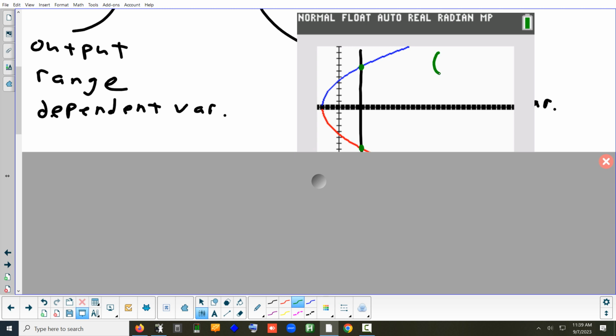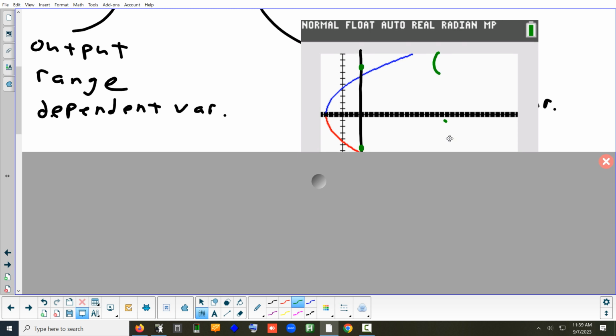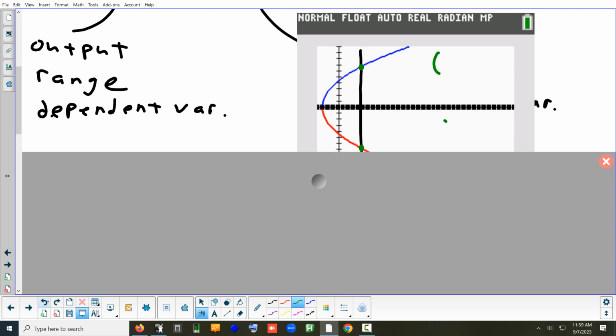Let's say this y value is maybe, I'm just going to estimate it, 1, 2, 3, 4, 5, 6, 7, maybe it's up around 7. This y value is maybe at like negative 7. Again, just a quick estimate. Now, how about the x value?